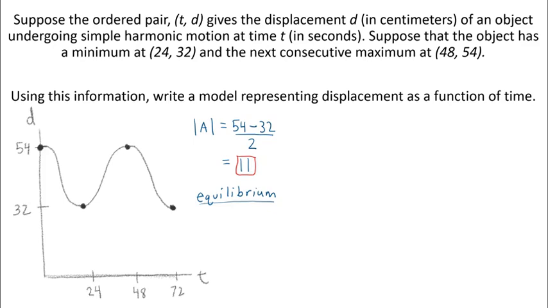So our equilibrium is going to be at y equals 43. So our equilibrium will be right here at 43.